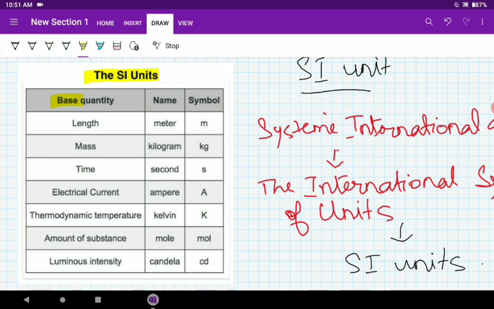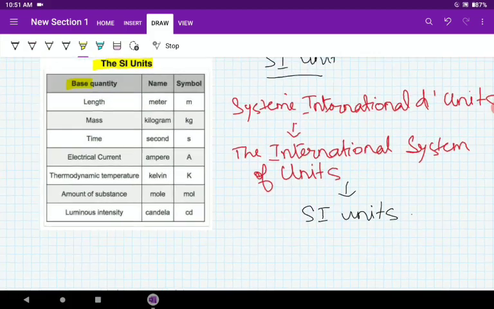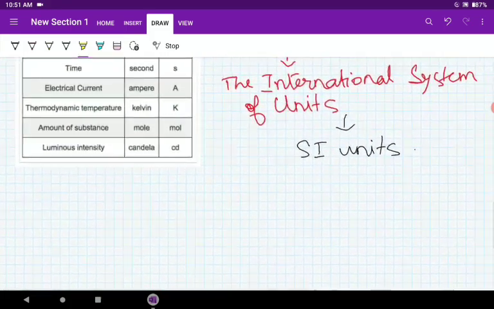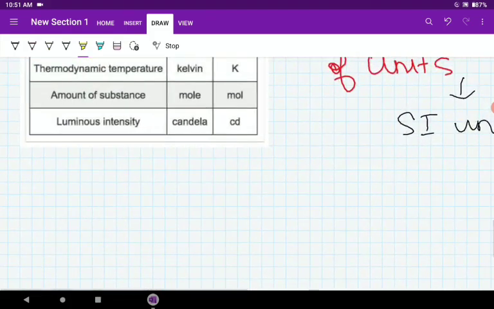Base units are those which cannot be broken down into further units, while derived units are those which can be built upon the base units. Let me give you an example so it will be clear. We all know about force, or we have either heard the word or we have read about it also. Force is measured in Newton.